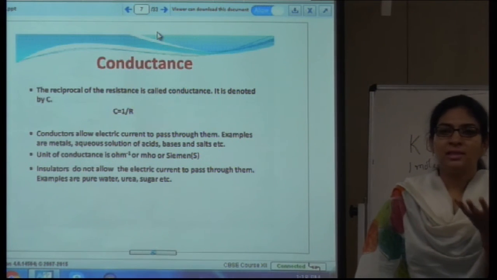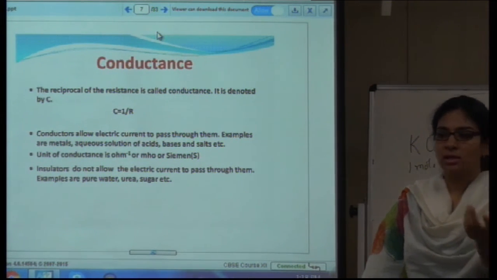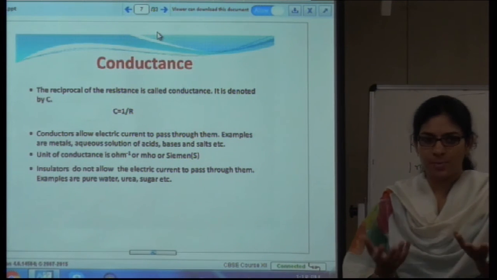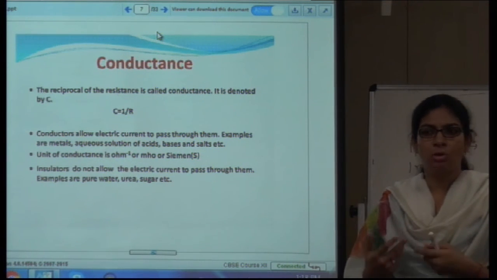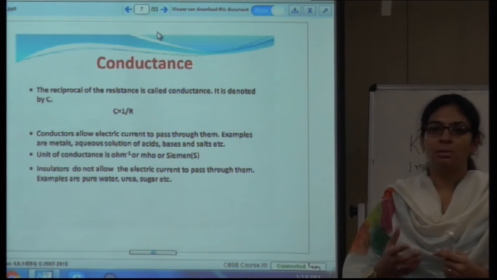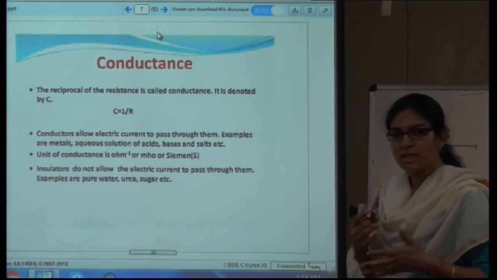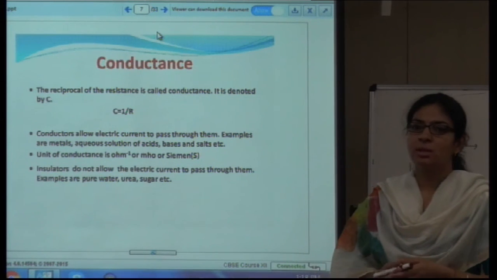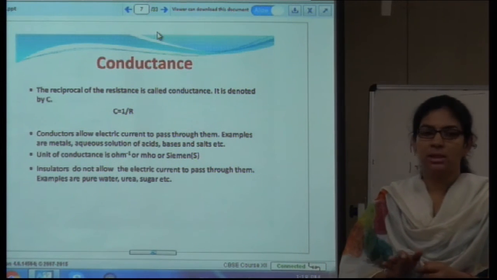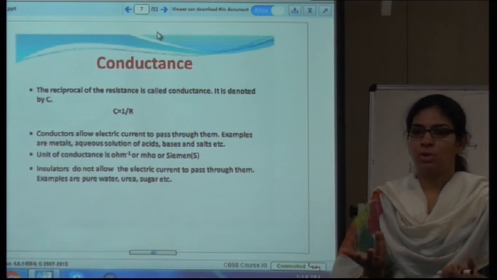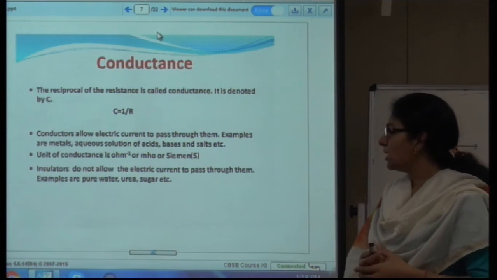Because it's easier to measure. For conductance of solutions, you have some experiments which can be performed in order to calculate it. So conductance is very simple, it is nothing but the reciprocal of resistance, right?